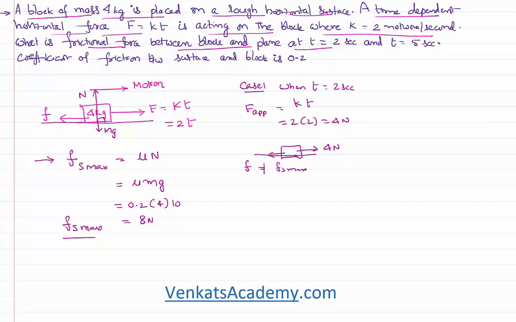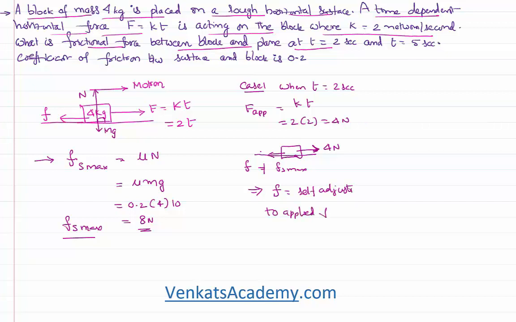It is ridiculous to say that friction will become 8 Newton here and the body moves against the direction of applied force. That's not possible. The body has to move either in the direction of applied force or remain in the state of rest. That implies the frictional force in this case self-adjusts to the applied force.